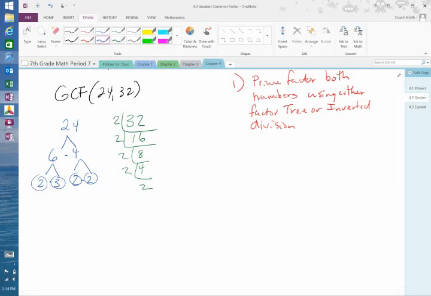Step 2. Well, actually, this is still step 1. So the prime factorization of 32 is 2 times 2 times 2 times 2 times 2. Prime factorization of 24 is 2 times 2 times 2 times 3.